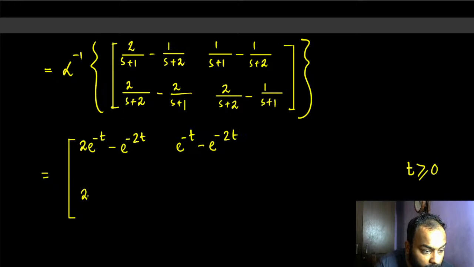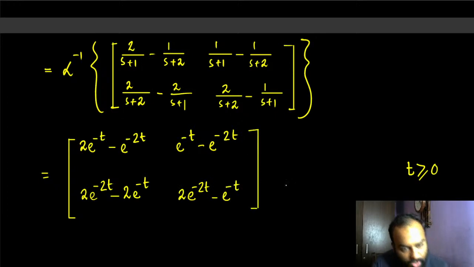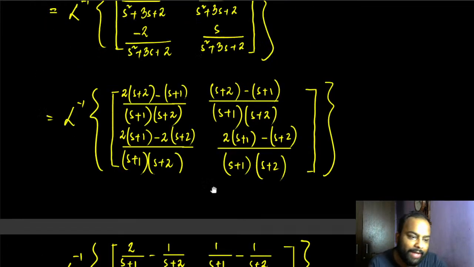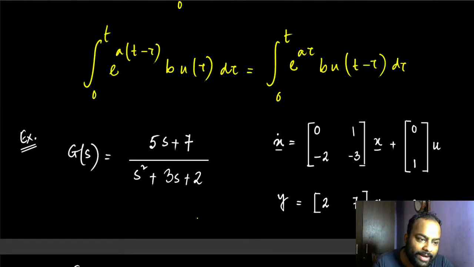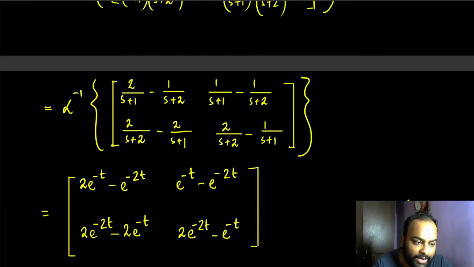Here 2 e to the power minus 2t minus 2 e to the power minus t, and 2 e to the power minus 2t minus e to the power minus t. Got it? So that is e to the power At. We have successfully calculated the most important thing that is required here.